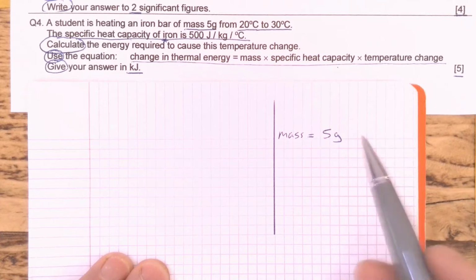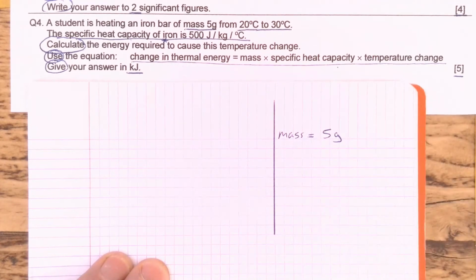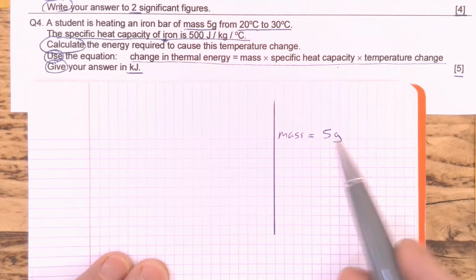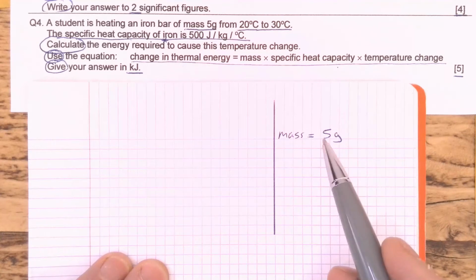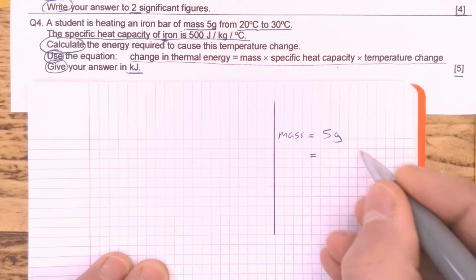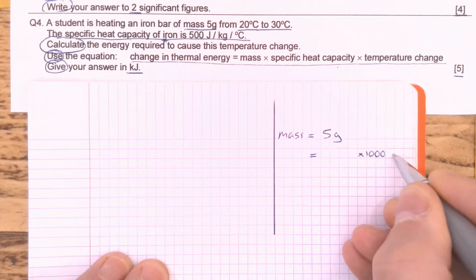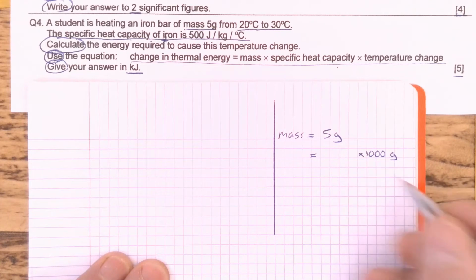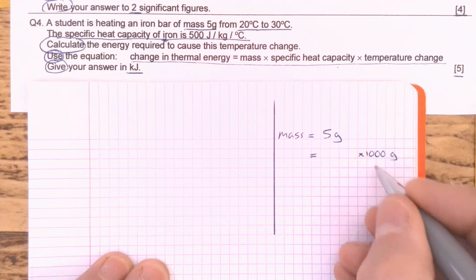Because it's 5 marks, I'm looking for things that the examiner's going to try and trick me on. 5 grams: well, I need kilograms for mass. So I need to get this into kilograms. Kilo is going to be times 1,000 grams.